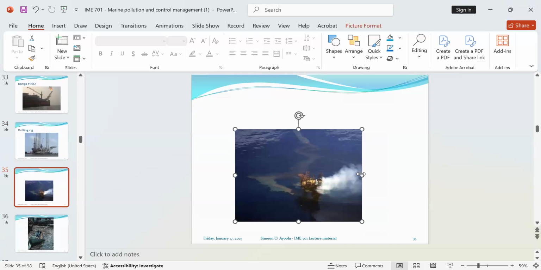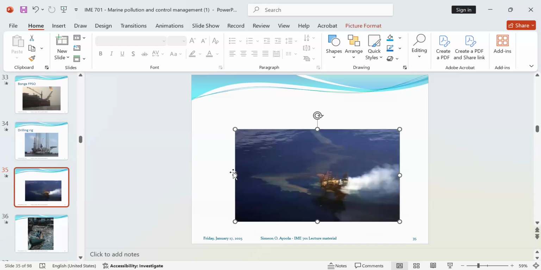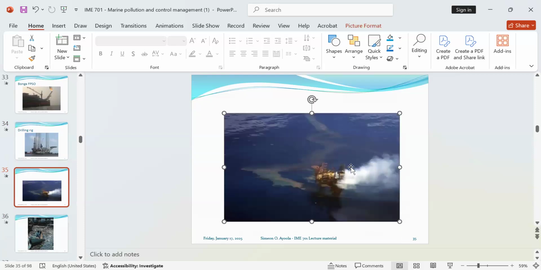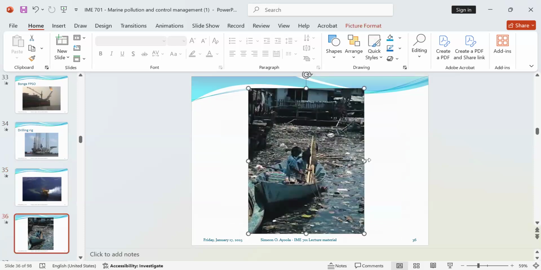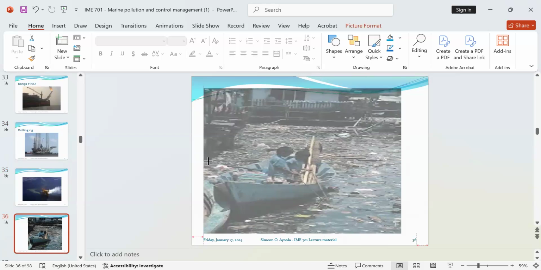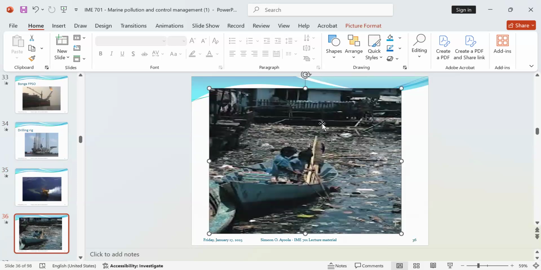Now, this is a typical vessel moving and releasing gases in the water. Now, look at this area. Look at the level of pollution by human activities. And people are still living in this particular area.